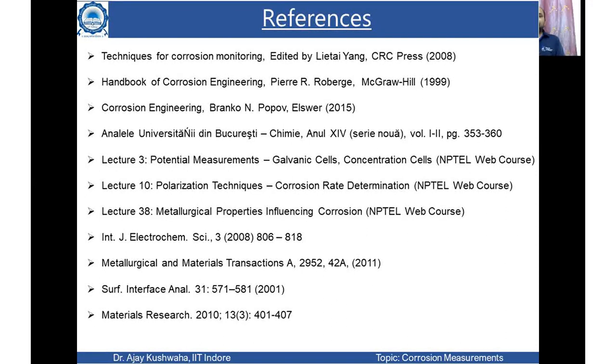Then we moved to another very important tool, electrochemical-based corrosion measurement. This is our third technique. The first was weight loss, the second was surface analysis by spectroscopic and microscopic tools, and the third was the electrochemical tool. In electrochemical tools, we divided into two categories: measurements based on DC current and measurements based on AC current.